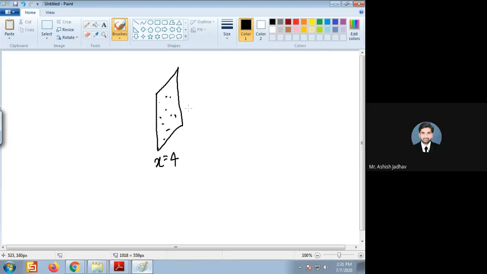So ES bar, rho s is given. Rho s is equal to 10 nanocoulomb per meter square. This value is given, and I want the electric field intensity at a point, let's say 1 comma 1 comma minus 1.